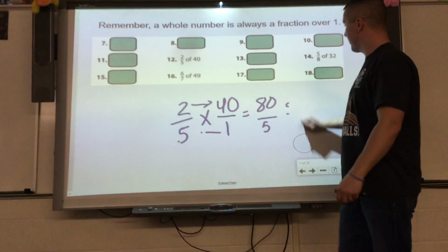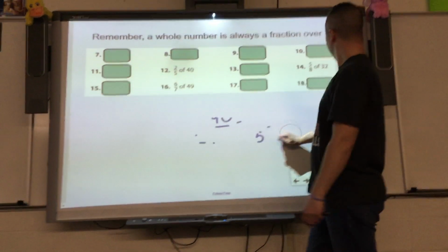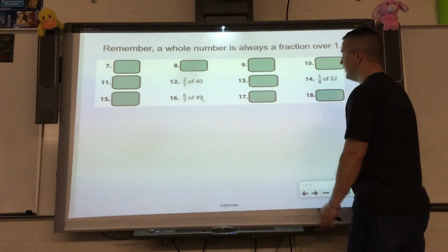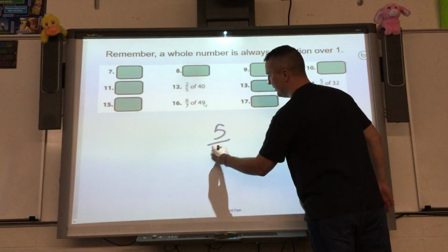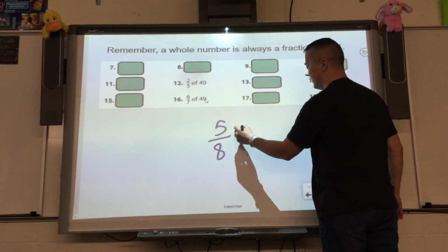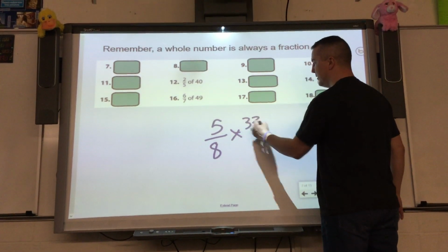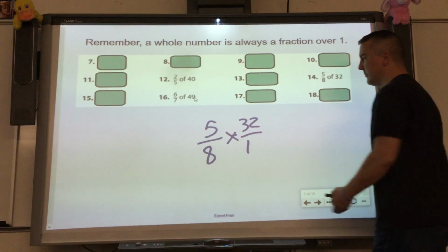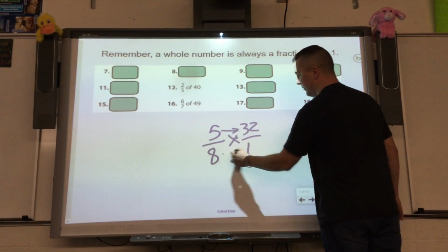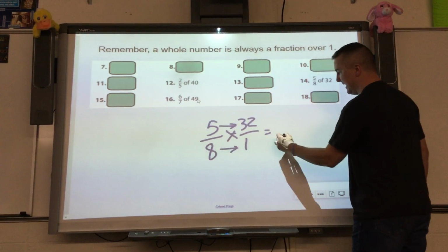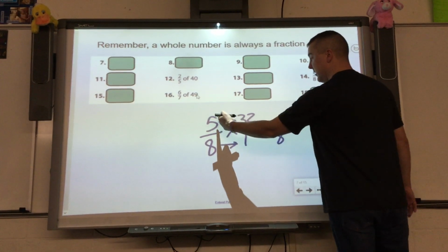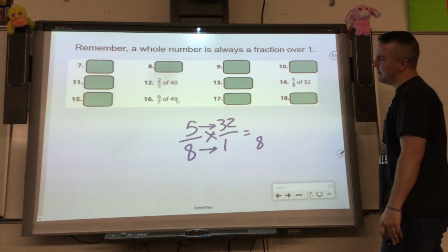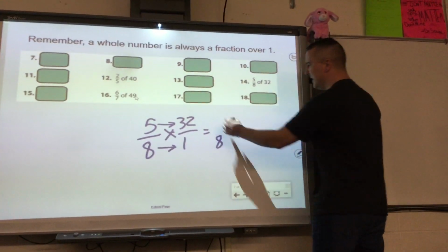Let's try 5/8 of 32. 5/8 times 32 over 1. Now if I take this particular problem, multiply across. I get 8. 32 times 5, I get 160.